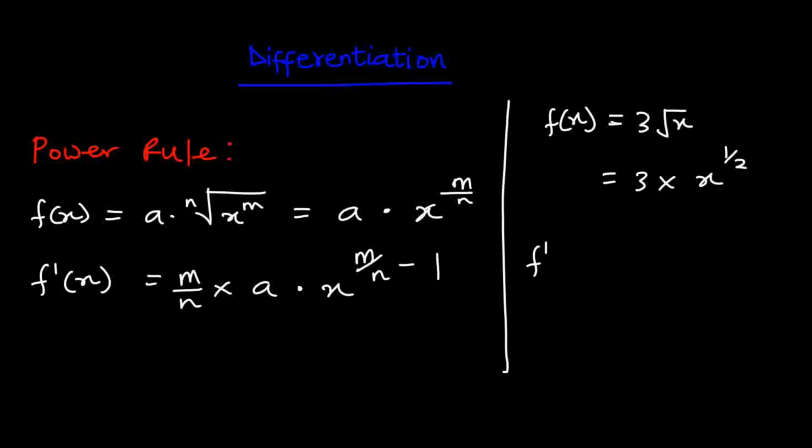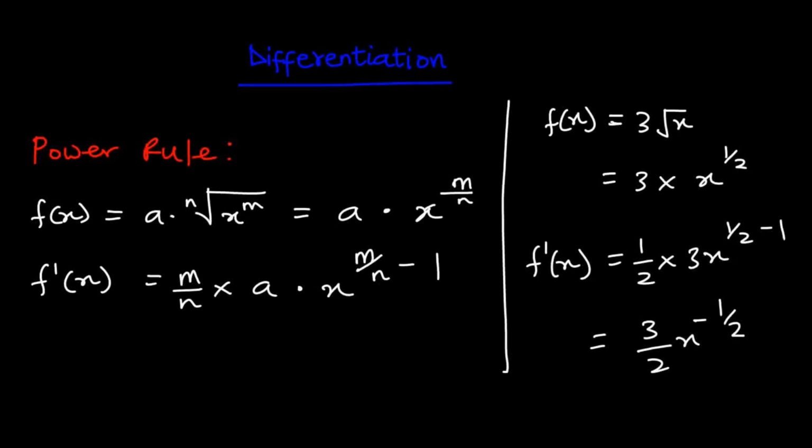So the derivative will be equal to 1 over 2 times 3 x to the power 1 over 2 minus 1. This will be equal to 3 over 2 x to the power minus half, and I can write this as 3 over 2 root x.